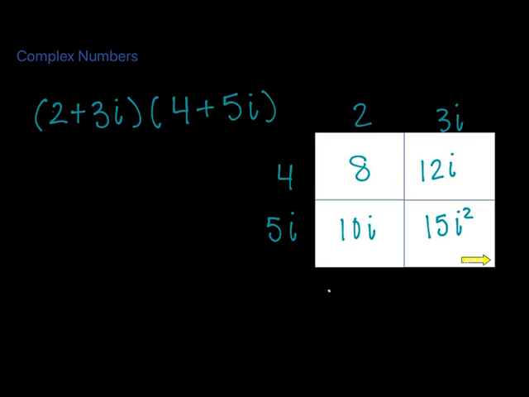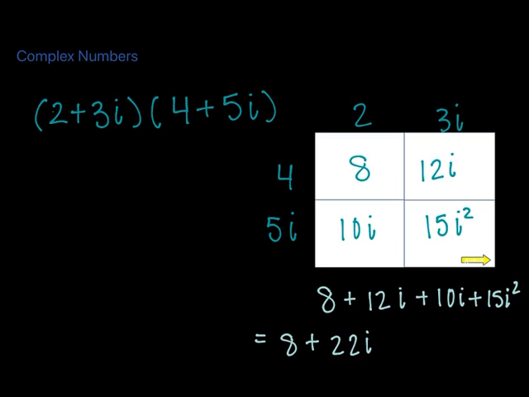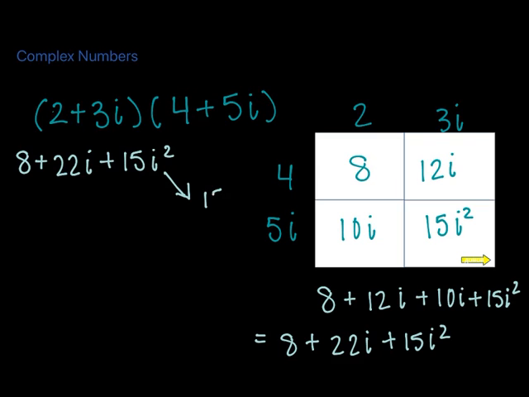Now let's add up all our terms. So 8 plus 12i plus 10i plus 15i squared. That would equal 8 plus, since 12i plus 10i would be 22i, plus 15i squared. However, we also know that i squared equals -1. If you don't, check out my previous video. So this could equal 15 times -1.